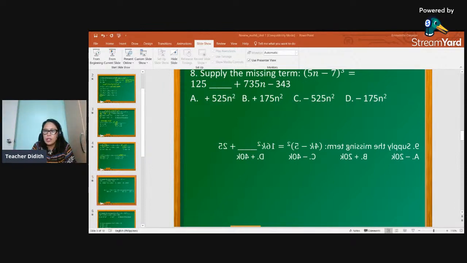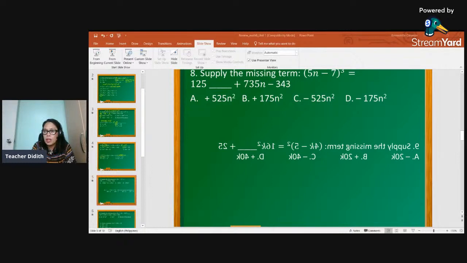And yung choices kasi is A is negative 20k, B is positive 20k, and then C is negative 40k, and then D is positive 40k. So take note that the middle term is actually the product of the first and the last terms times 2.